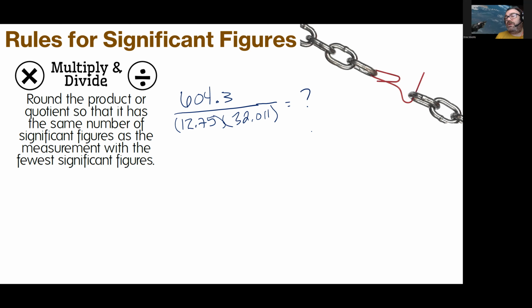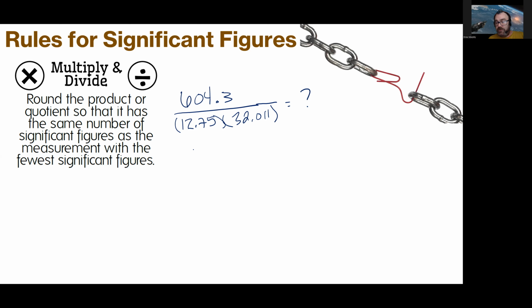The math part is straightforward. I didn't put units on here because we're focusing more on the significant figures. The best way to do this in your calculator so we don't screw it up is to multiply the two things on the bottom together, and then divide.